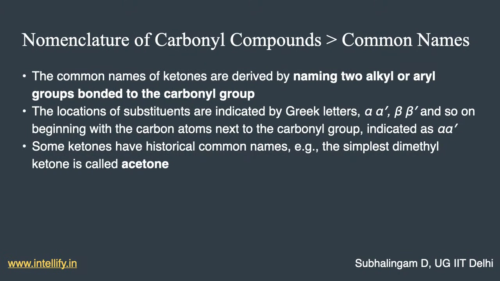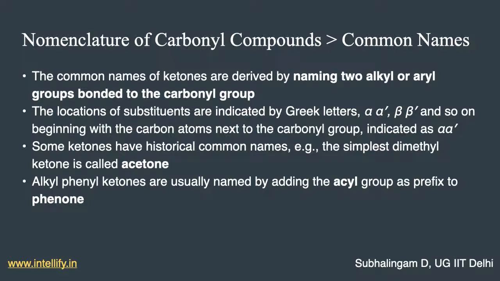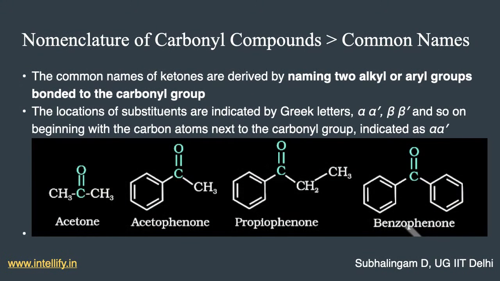Dimethyl ketone is CH3COCH3. We have a methyl group on either side of the carbonyl group, so it's called dimethyl ketone. That is also called acetone. Alkyl phenyl ketones are usually named by adding the acyl group as a prefix to phenone. So we have the examples starting with acetone, CH3COCH3, then acetophenone, and so on.